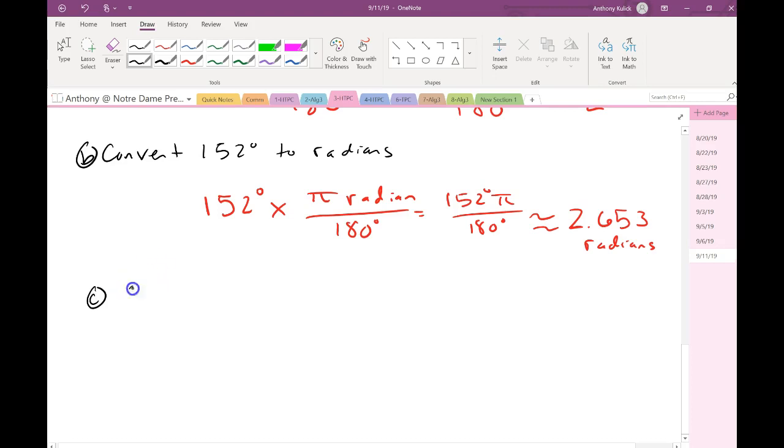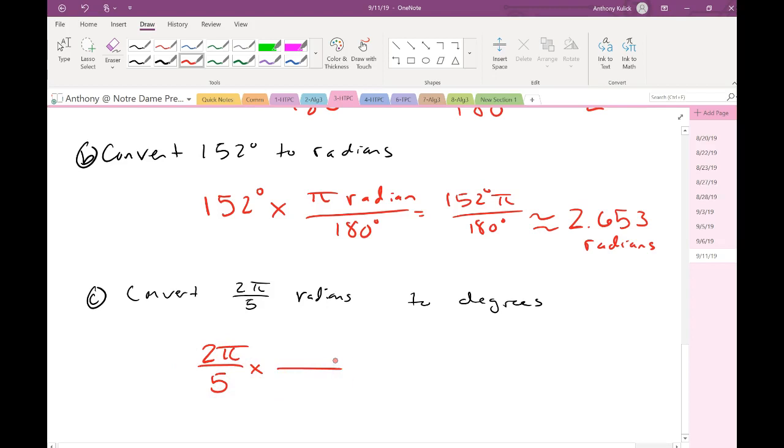What if we want to go the other way? Convert 2 pi over 5 radians to degrees. Again, I'm going to start with what we know.